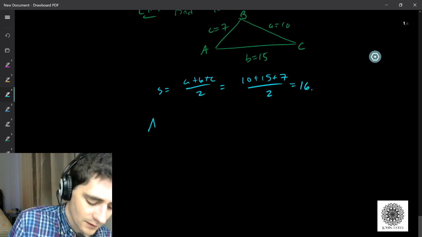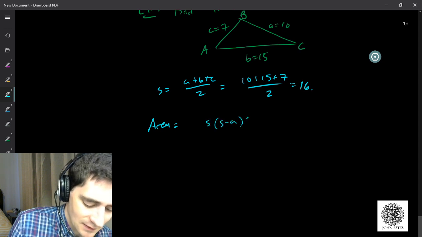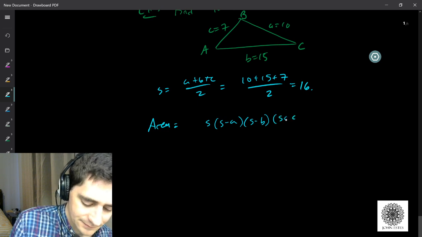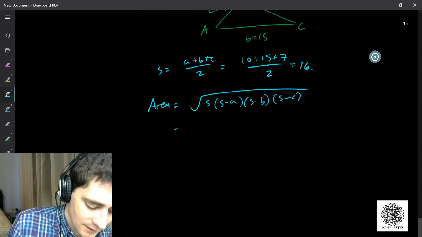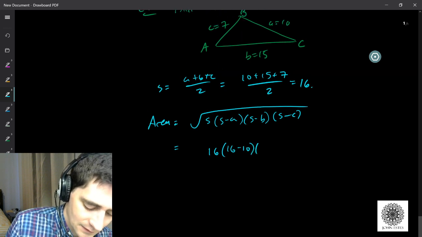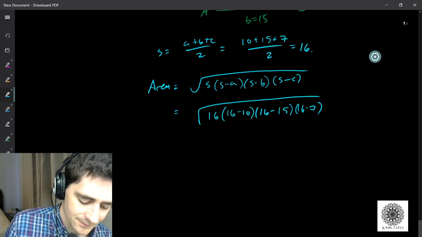So then the area is going to be, remember it's s times s minus a, s minus b, s minus c, and the square root of all that. So that's going to be 16 times 16 minus 10, times 16 minus 15, times 16 minus 7, square root of all that.